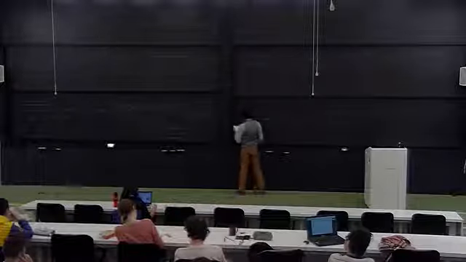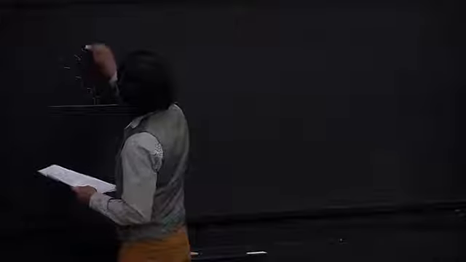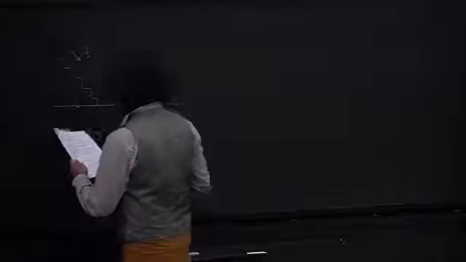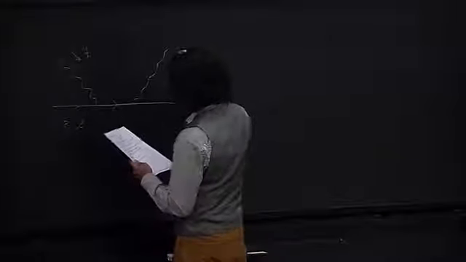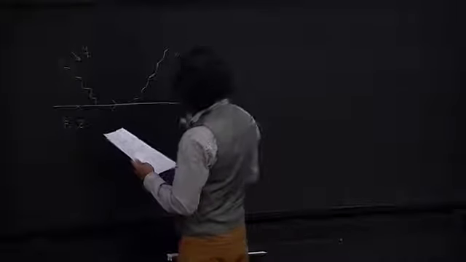So an electron is coming in, and a photon is coming in, and it has some polarization, and then the photon is going out. So it's a scattering of photon and electron.